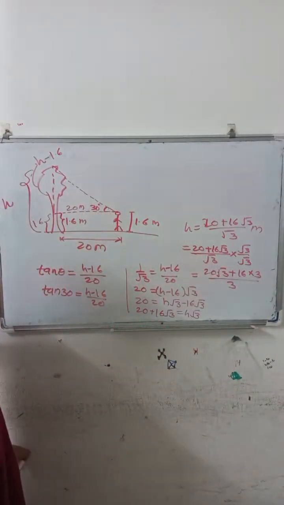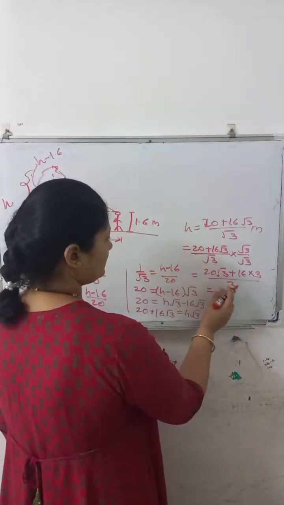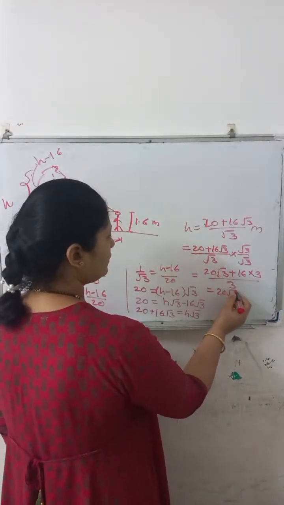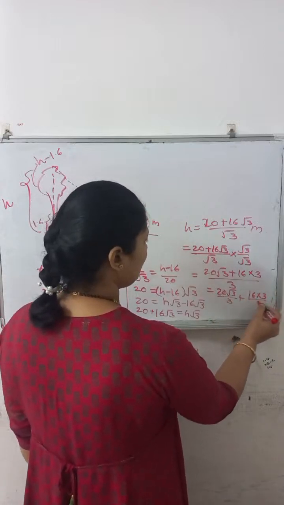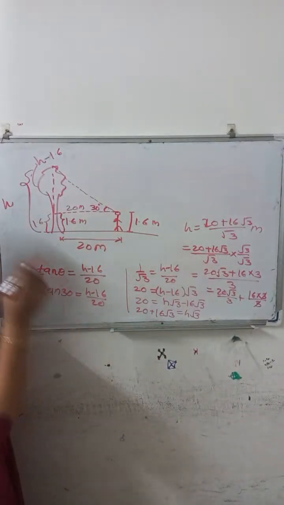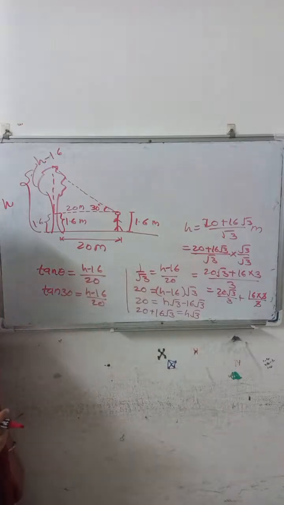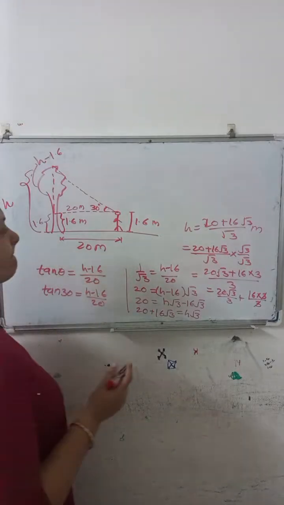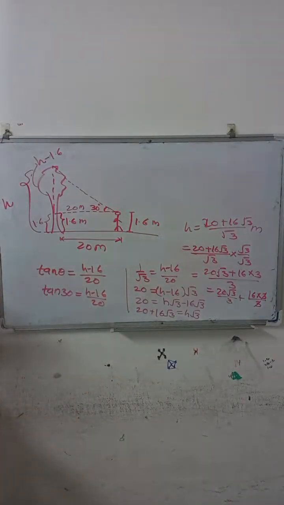Root 3 and root 3 is 3, so these get cancelled. And 20 root 3 by 3 plus 1.6. Root 3 is nothing but 1.71. Find out 1.71 into 20 divided by 3, and add it with 1.6.